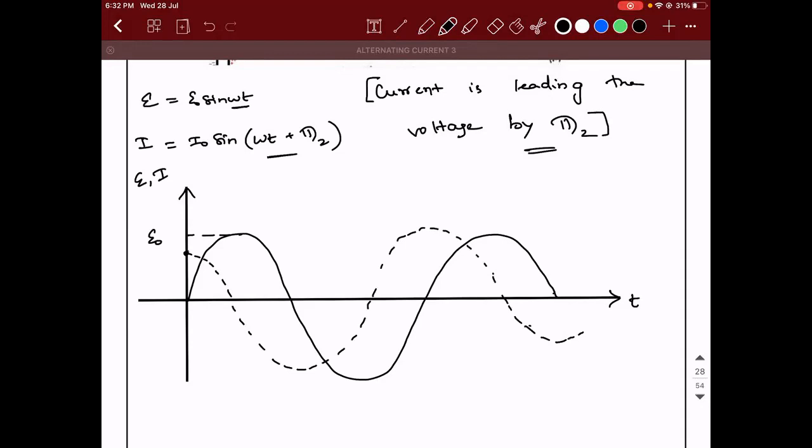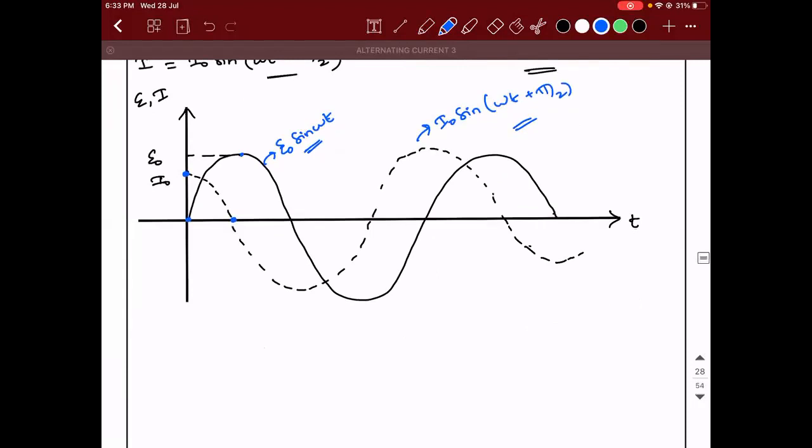At the instant the value of EMF is 0, the current will be maximum. And at the instant at which EMF is maximum, current will be 0, and the vice versa keeps happening. And this is the graph for I naught sine of omega t plus pi by 2, and this is the graph for E naught sine of omega t. Clear?